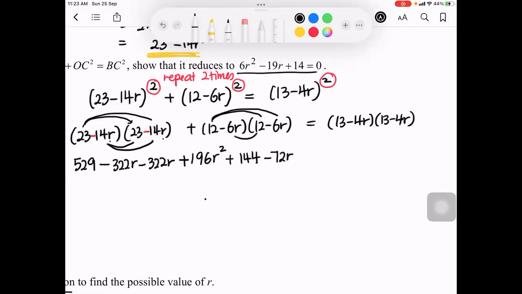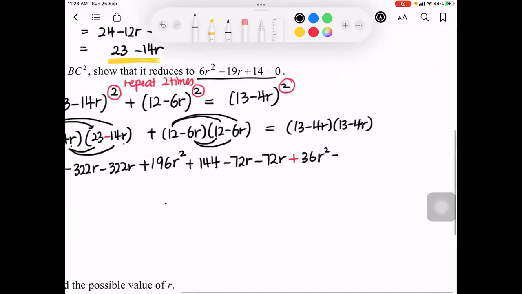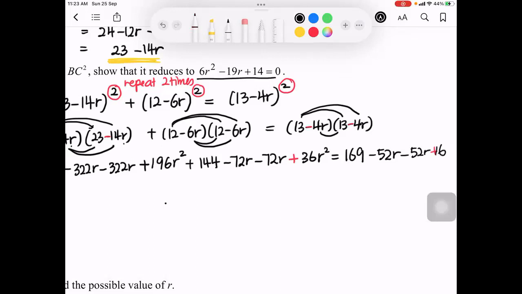Negative 6 times 12, negative 72R also. Negative times negative, positive, 6 times 6, 36, R times R, R squared. Last but not least, 13 times 13, 169. 13 times negative 4, negative 52R, negative 52R. Last but not least, negative times negative, positive 16R squared.